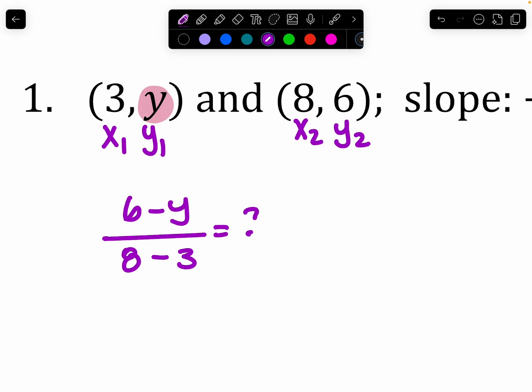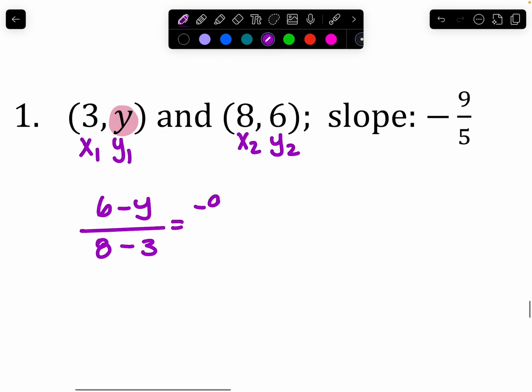Normally, I don't know what this is on this side, and I find that by simplifying my fraction. However, this time I actually do know what my slope is. It is -9/5. Now you have a choice. You can put your negative either with 9 or with 5, but you just need to pick one. I usually put it with the numerator for no reason other than it's just a habit.